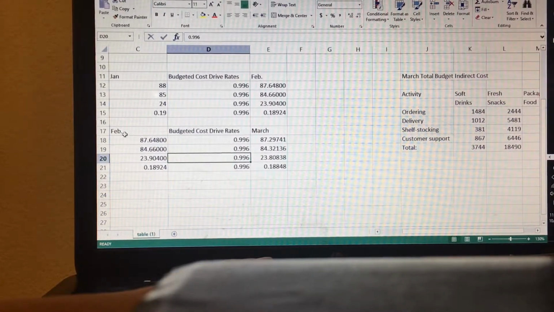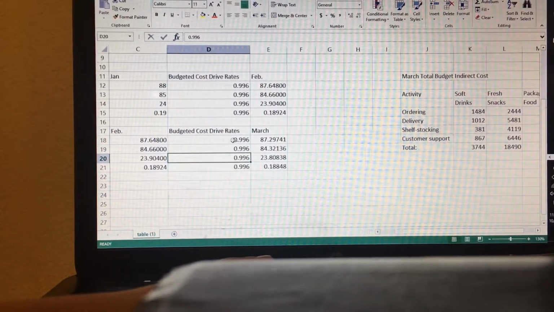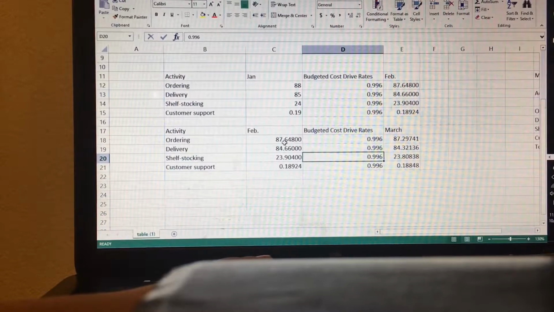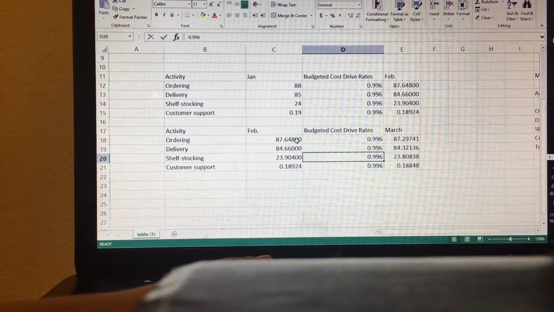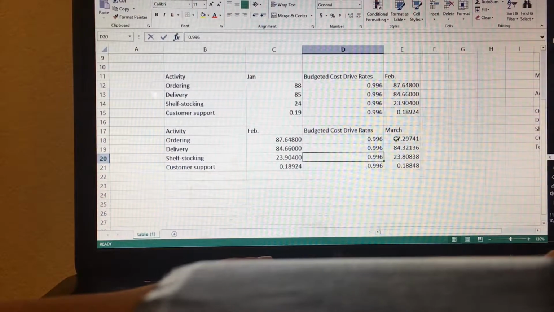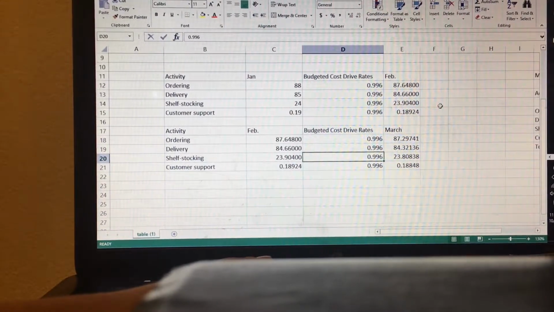So here we go. This is February's cost driver rate, and this is what we're going to multiply by 0.996. So for February's ordering, 87.648 multiplied by 0.996, we get 87.2974. And then we do the same thing for delivering, self-stocking, and customer support.